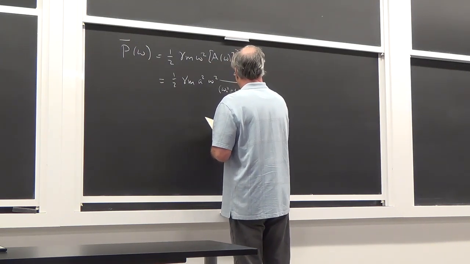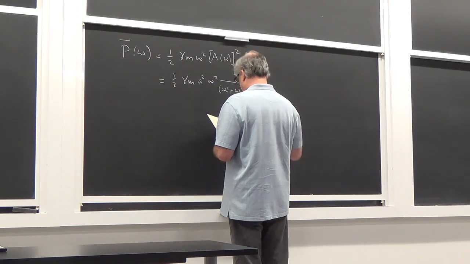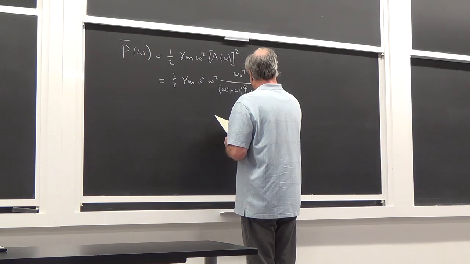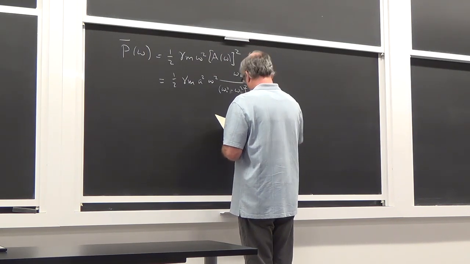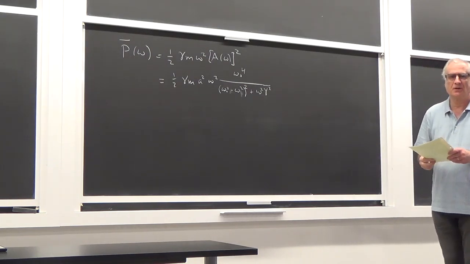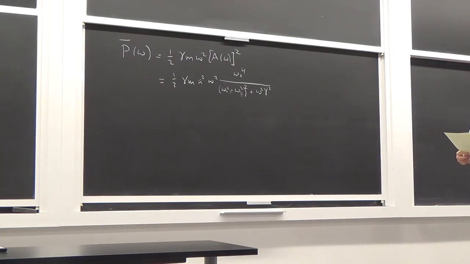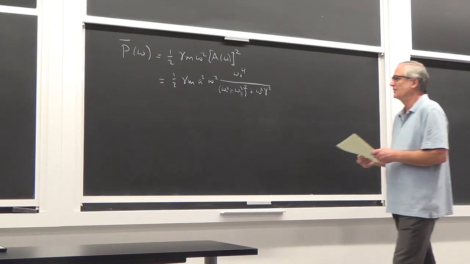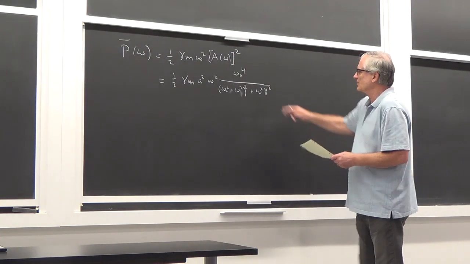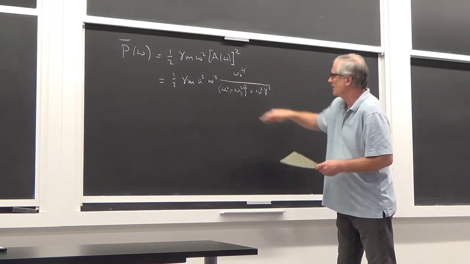Omega naught squared minus omega squared, squared, try to get it in the right place, plus omega squared gamma squared. So you can check my units as you go along, make sure that I'm not making any mistakes. Hopefully I'm not. This part here is dimensionless.